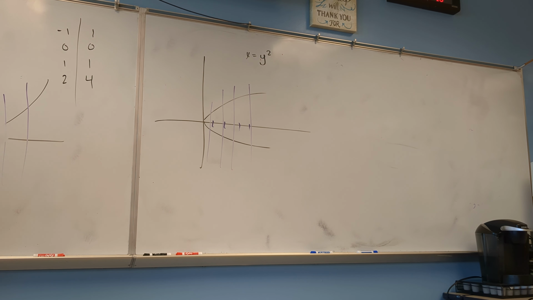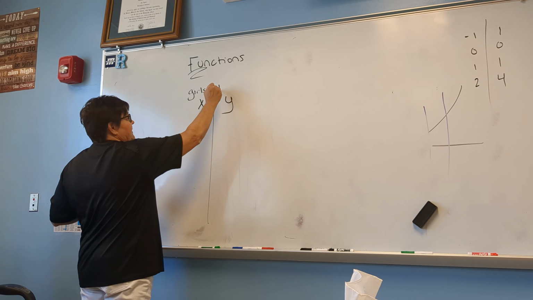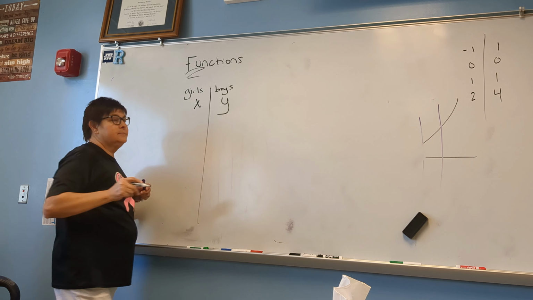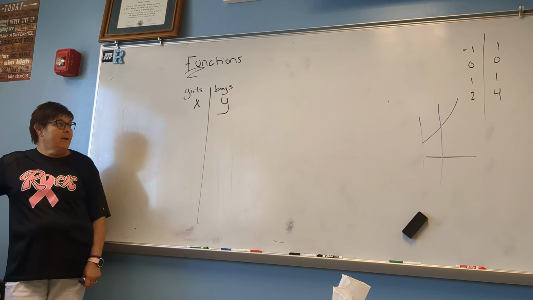And I'm going to bring a real world situation into play for this one. Okay? So we have x and we have y. I'm going to label the x column as girls and the y column as boys, just for the sake of labeling them, okay?